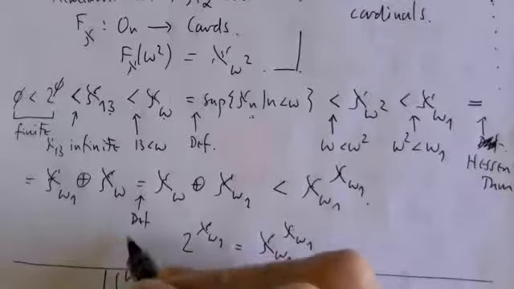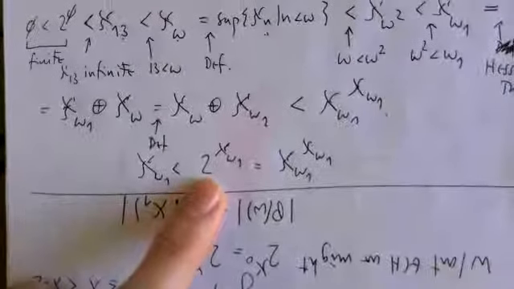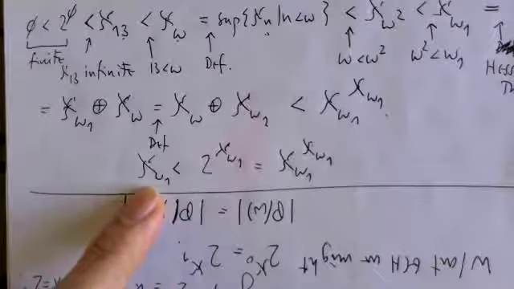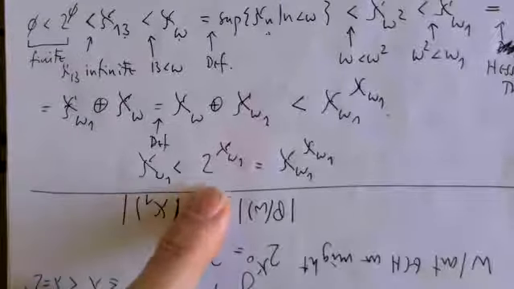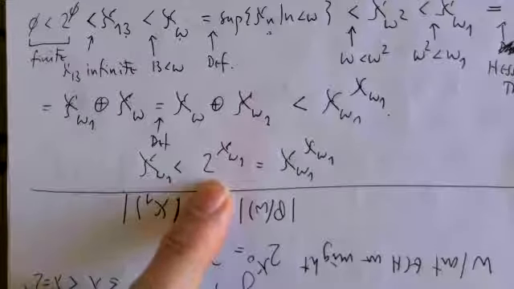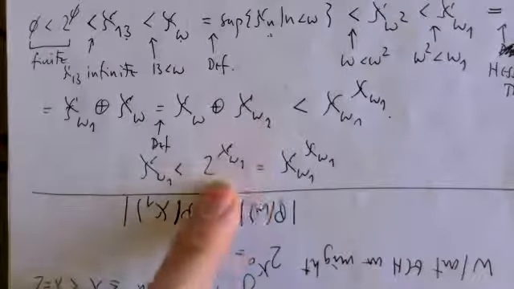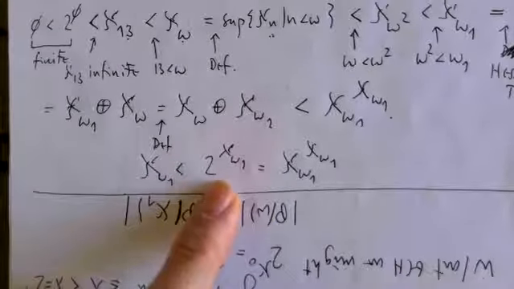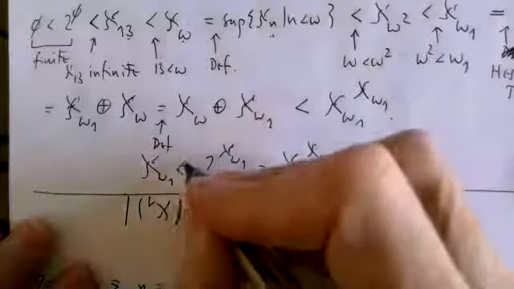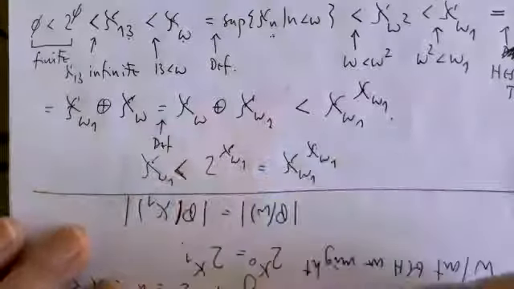And by Cantor, this is always bigger than, by Cantor's theorem. 2 to the something is always bigger than the something, right? The size of a power set of a collection Y is that of 2 to the size of Y. So this is Cantor's theorem here.